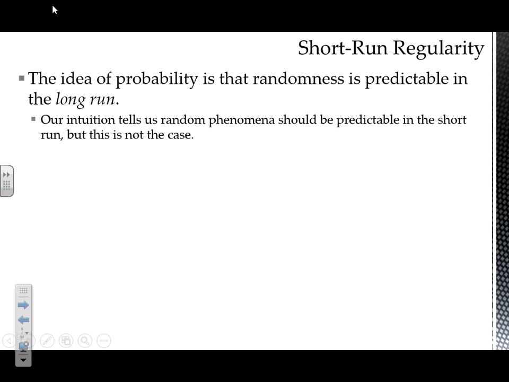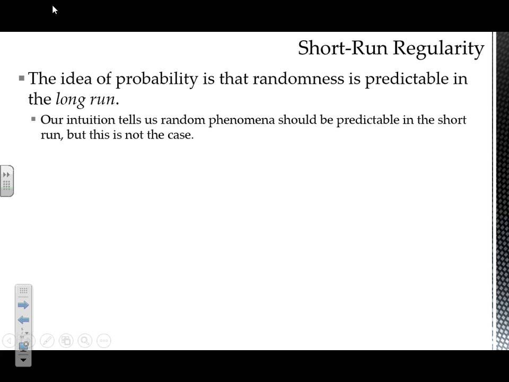Our intuition tells us random phenomena should be predictable in the short run, but that is not the case. So what a lot of people do is they misunderstand this idea of the law of large numbers. We know that in the long run, we should get a 50-50 split between heads and tails.